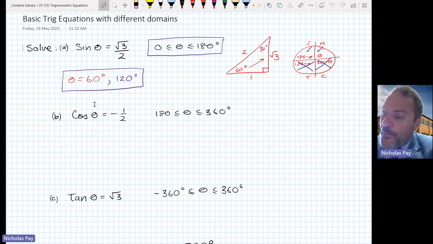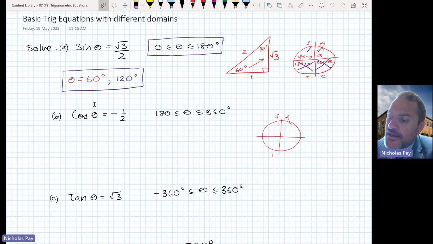I'm not going to bother drawing out my little triangle, but I am going to draw out my unit circle, my ASTC. Even before I start this question, I can see that my domain is 180 to 360, which means I'm actually not looking at the first 2 quadrants at all.